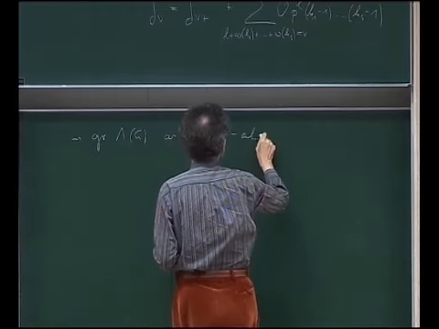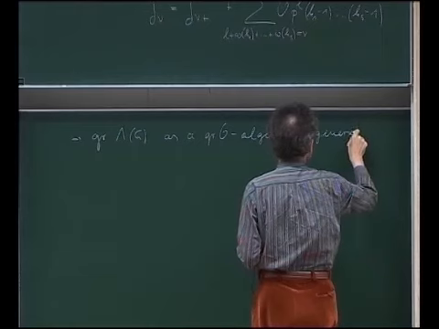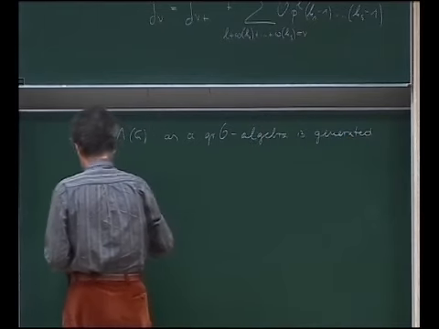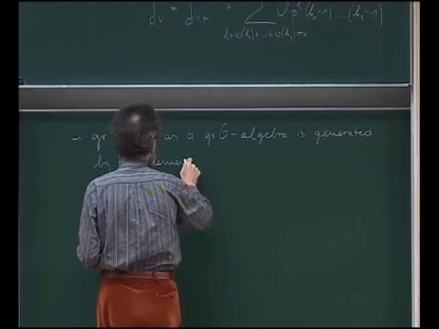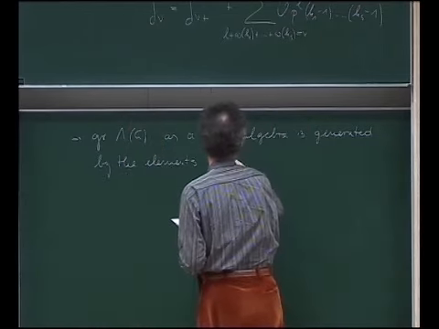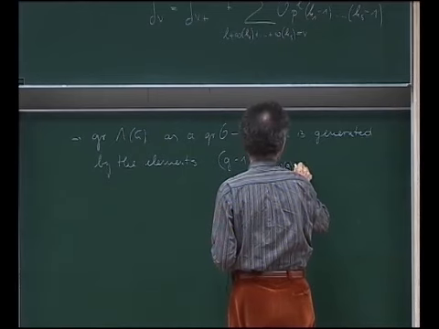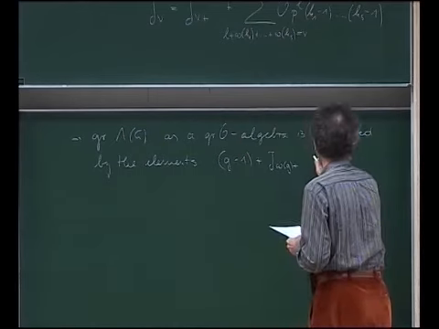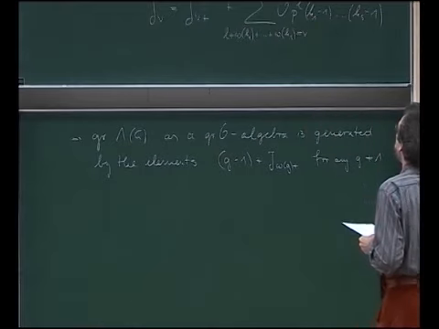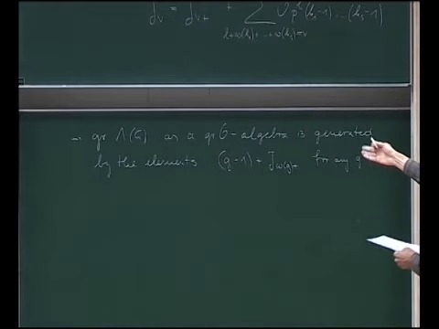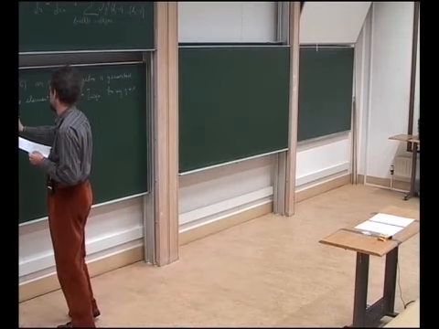So this sits, so to speak, in gr O. So as a gr O algebra it is generated by the elements, I only need elements of this form: just take g minus 1 plus j omega g plus for any g different from 1.